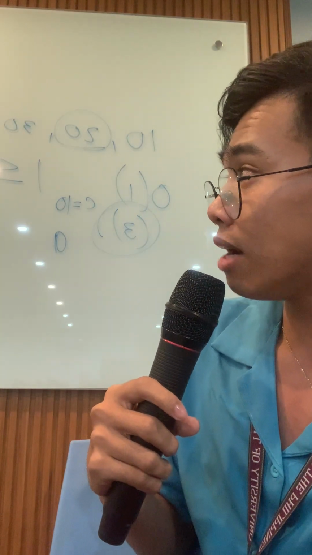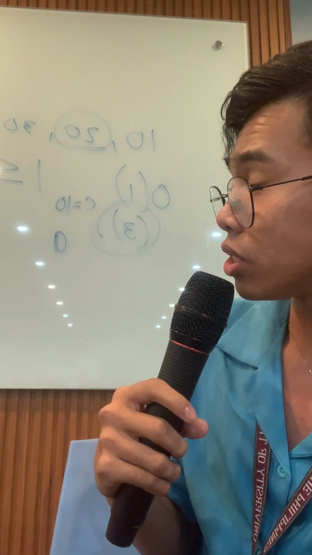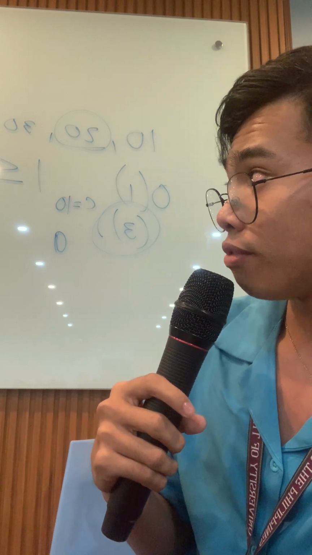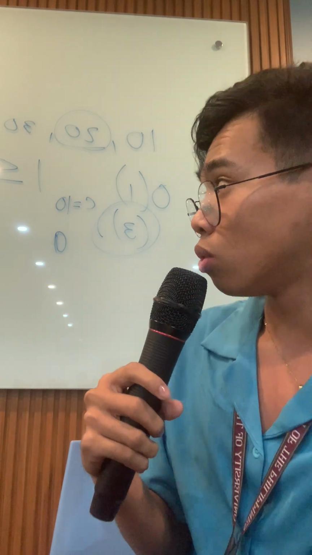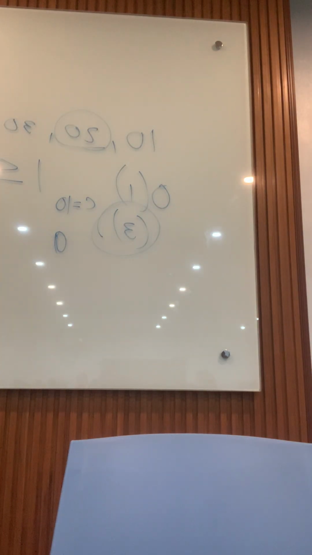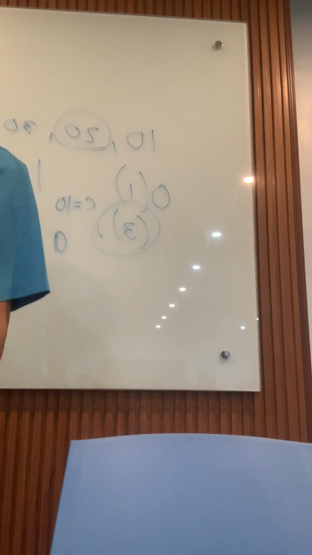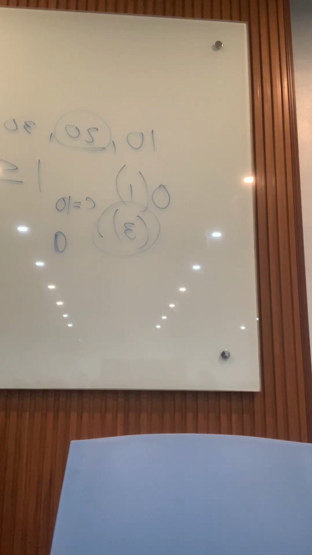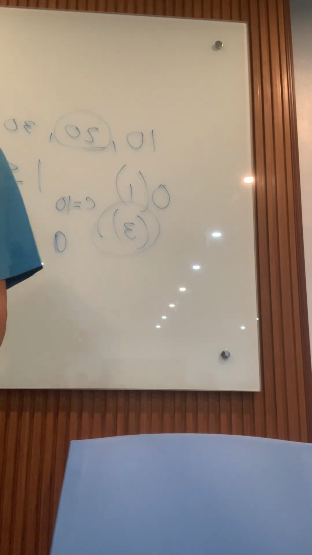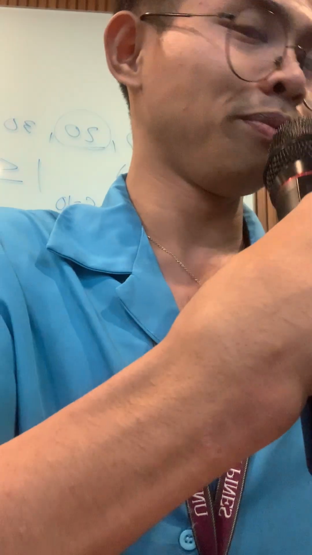Then we have 1 for f of n and 1 for g of n as well. So therefore this is equal to the inequality.